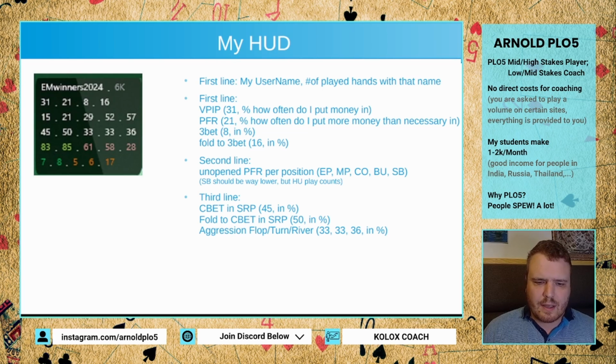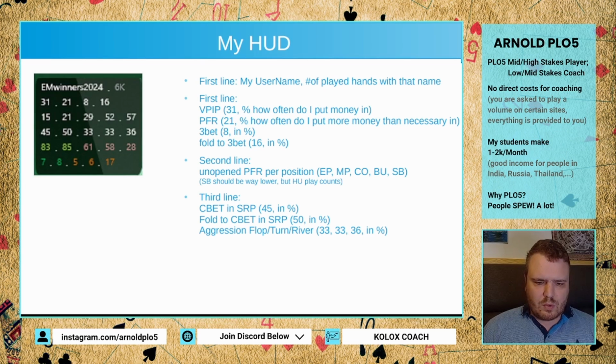And I c-bet less on the flop because people do not lead, which they should, with a lot of their hands. And so on some boards, I just have a range disadvantage, and I punish them for not leading by not c-betting myself.